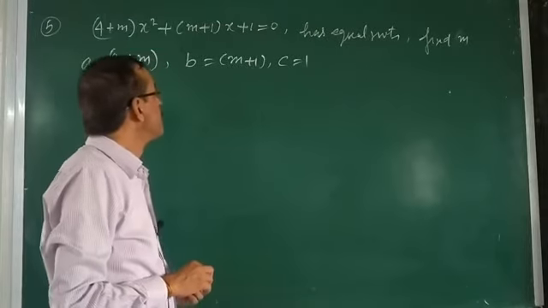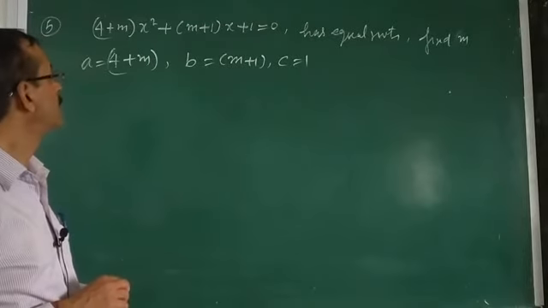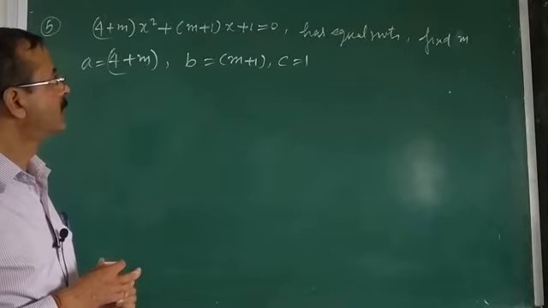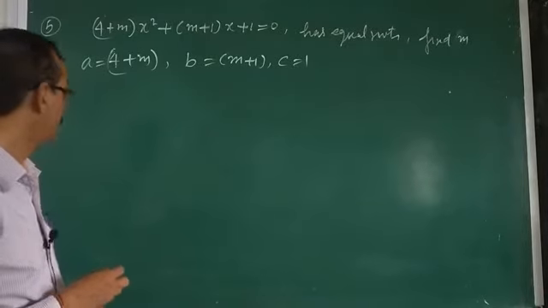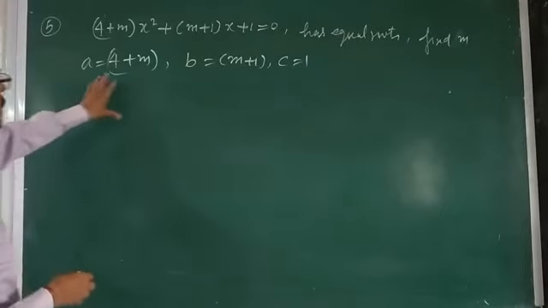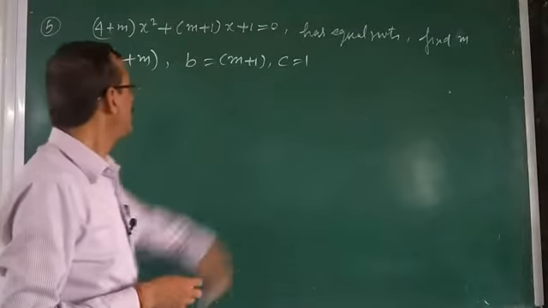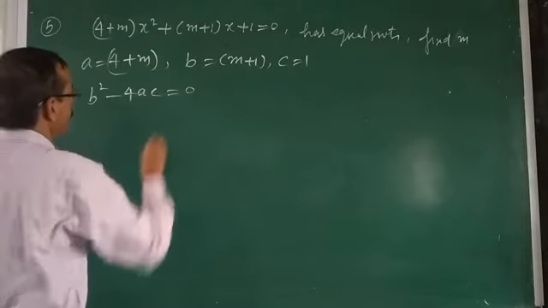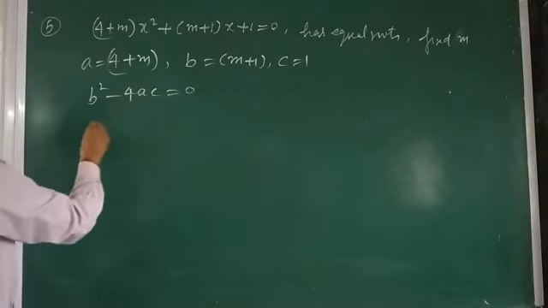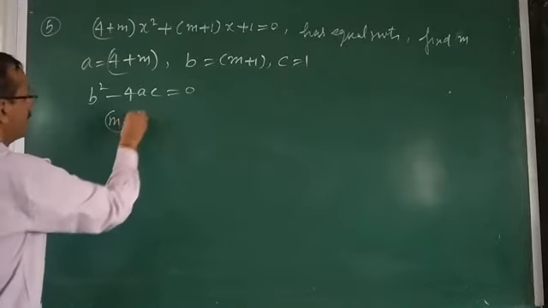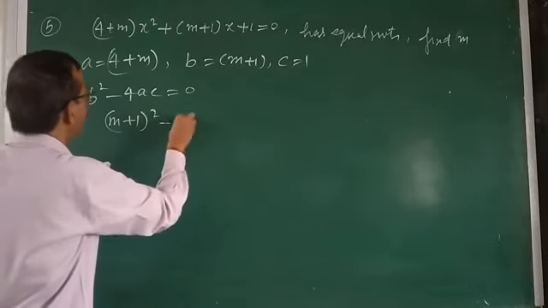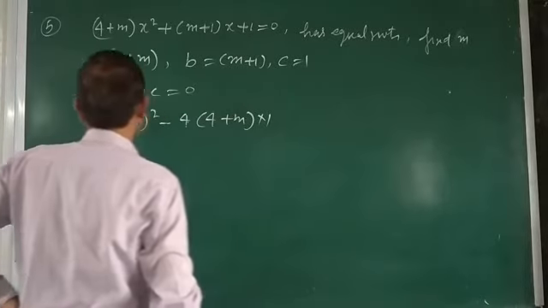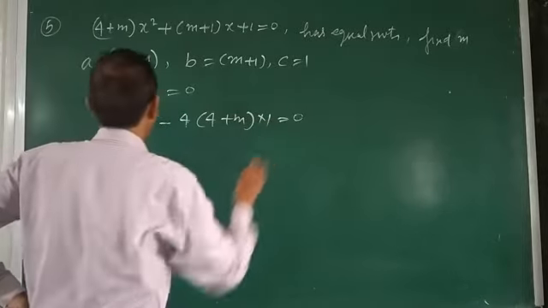Yes, it has equal roots. Given that it has two real and equal roots, it may be any question, no problem. So a, b, c we found, and we have to check b square minus 4ac. Now b square means m plus 1 whole square minus 4 into 4 plus m into 1 equal to 0.